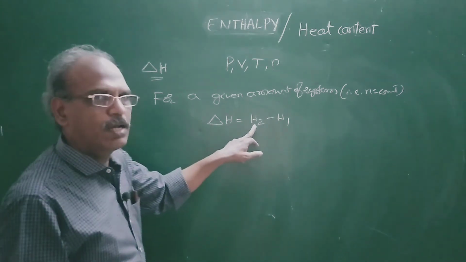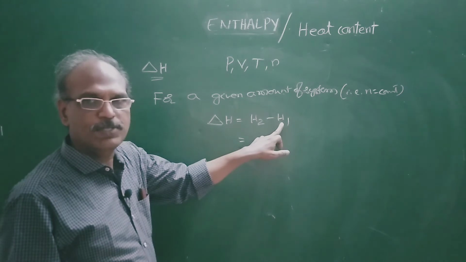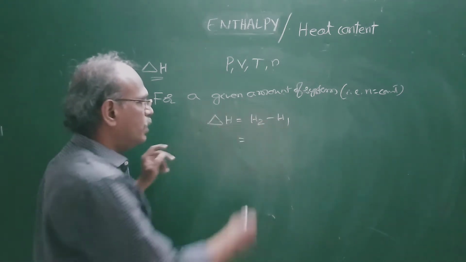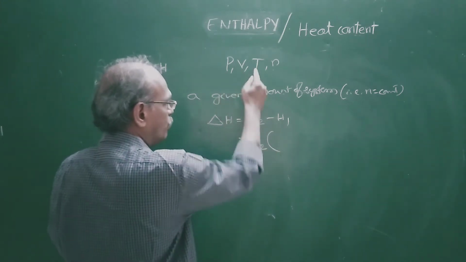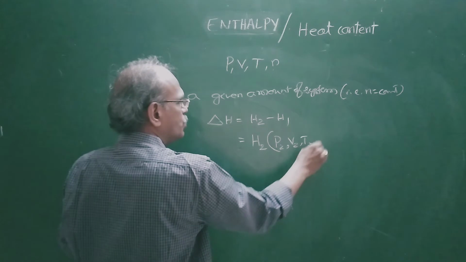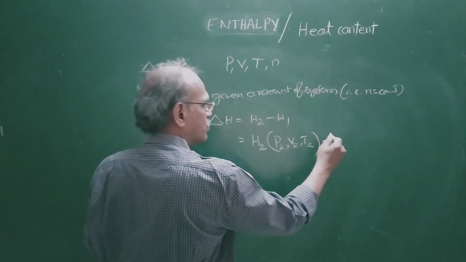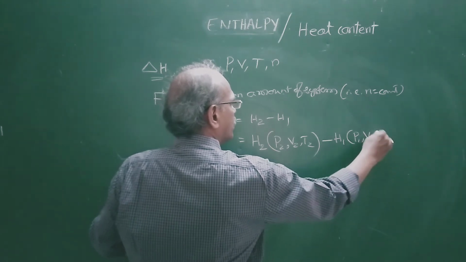H2 is the enthalpy of the system at state 2, and H1 is the enthalpy at state 1. That is, H2 in terms of P2, V2, T2 minus H1 in terms of P1, V1, T1.